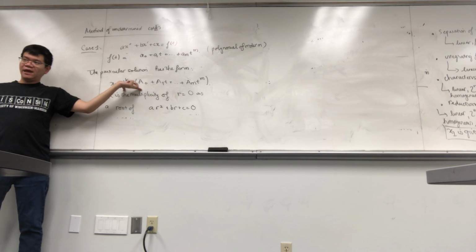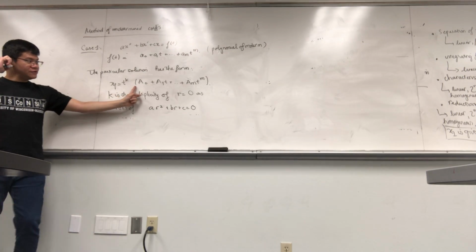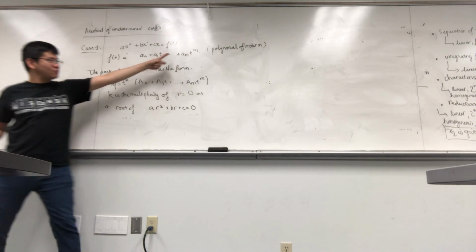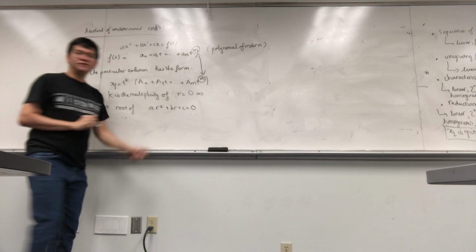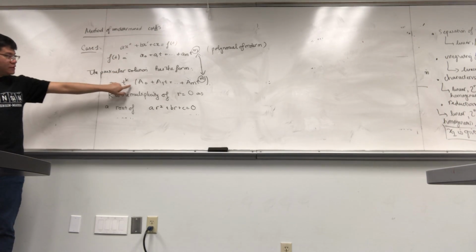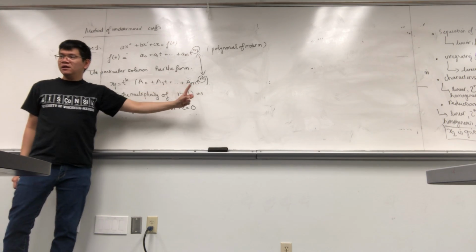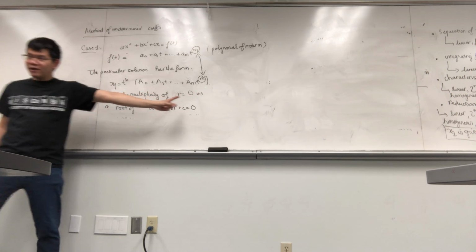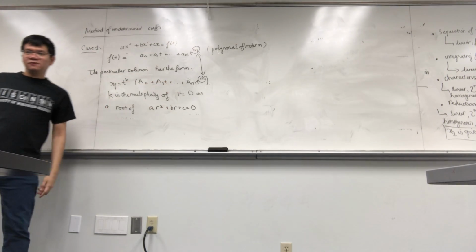So you have a form, and what you have to find is all of the constants. The first part is this polynomial, which has the same order as this polynomial. So in the particular solution, you have to have a polynomial of order m. You don't know the coefficients, and this is what you have to find, right? I'm going to explain in a second how you find all of those constants.